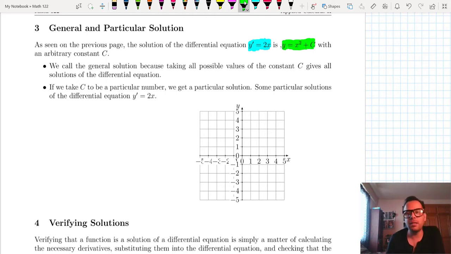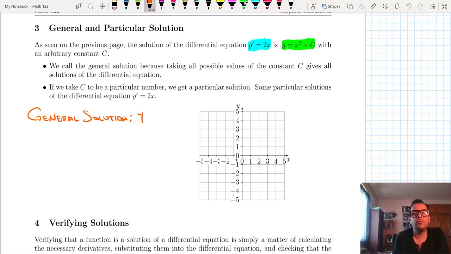But that plus c could be anything. So in this case, the solution that we obtained was the general solution. General solution, y equals x squared plus c.